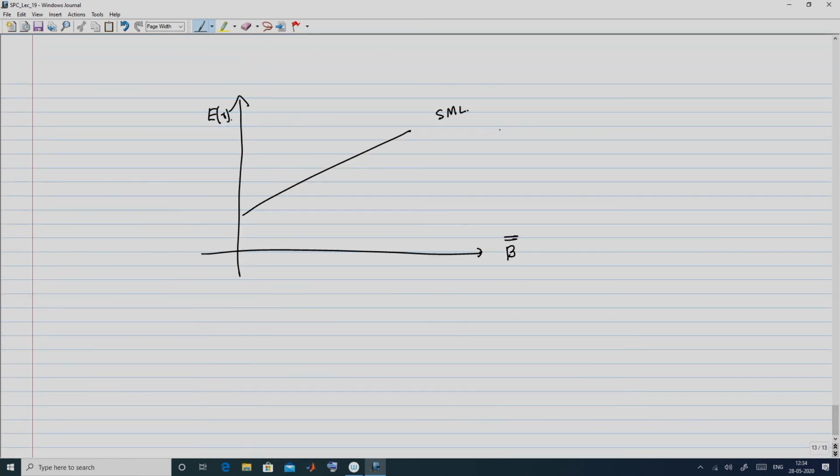This SML SV is the line which emanates from RF and passes through M. So, I get the corresponding E of RM, and here I get beta M double prime. So, this graph is nothing but this SML SV or the SML for the semi-variance framework in the beta double bar, ER space.